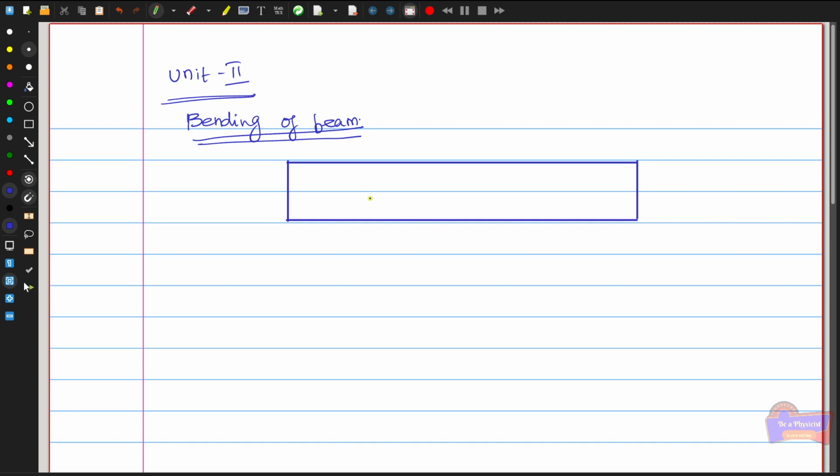This will be considered as a rectangular beam with length L and area of cross section A. Since the length is much greater than the other dimensions, it is considered a beam. If you apply a weight on one side while the other side is rigidly fixed, then if you apply a weight on the free end, the rod will bend.